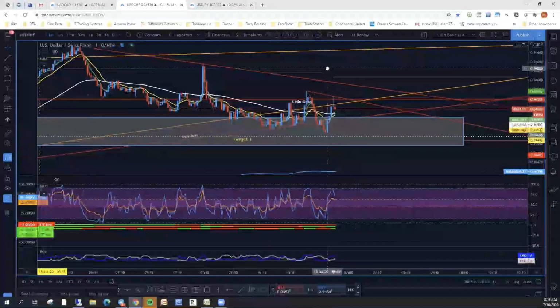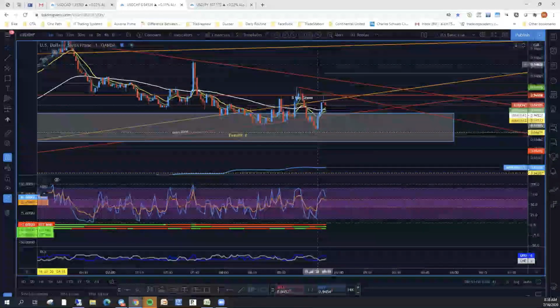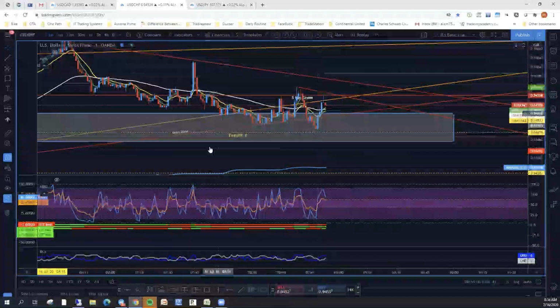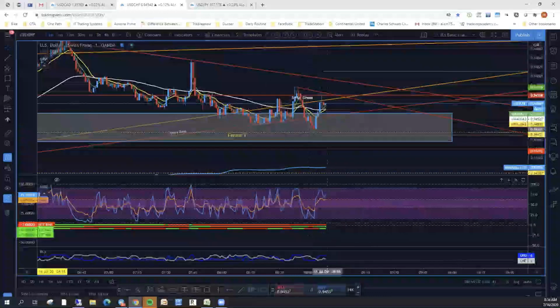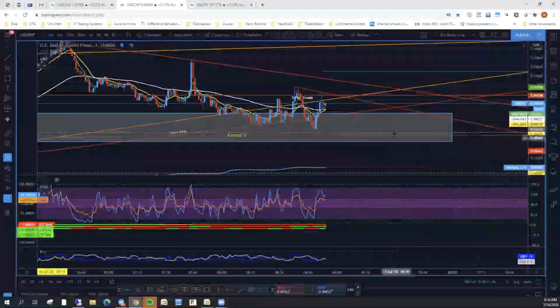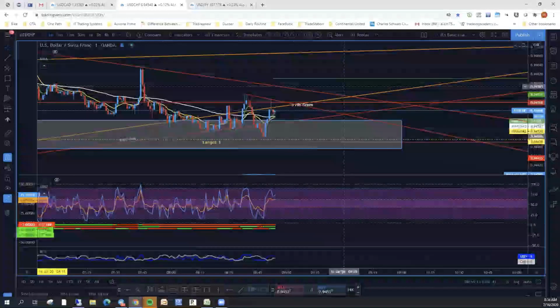The Hull moving average on the 15, that didn't flip yet, right? That is one of my major indicators that I use for this specific strategy. The red line, that's the top red line. If the 15-minute Hull moving average does change red, I will really consider this trade to be done.